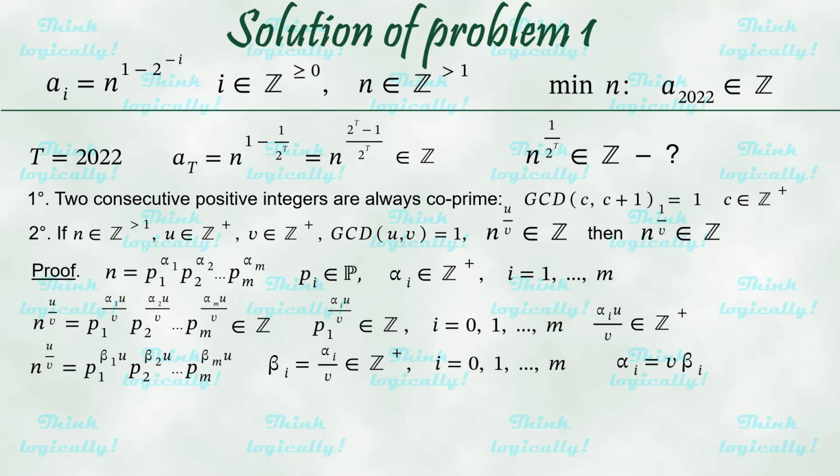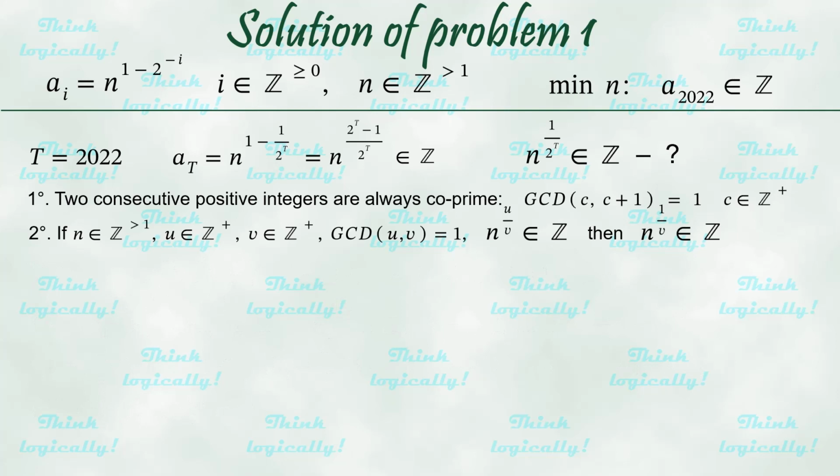It can be made even more compact by raising both sides to the power of 1 over u. Since all betas are positive integers, the right hand side is an integer. Therefore, n to the power of 1 over v is an integer, and statement 2 is finally proven as well.